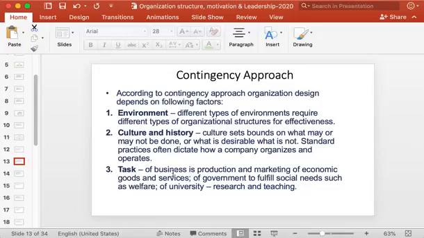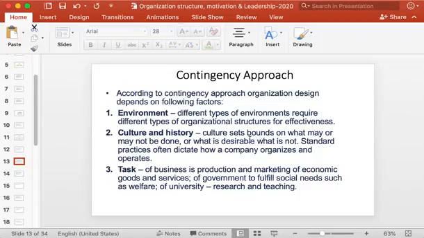So, depending upon whether a business is production or marketing of economic goods and services, the organization may need to be designed accordingly.